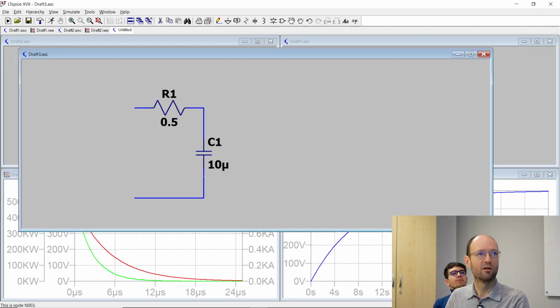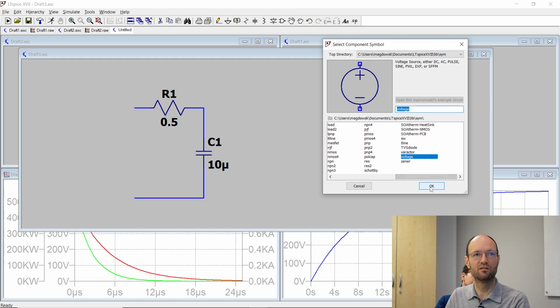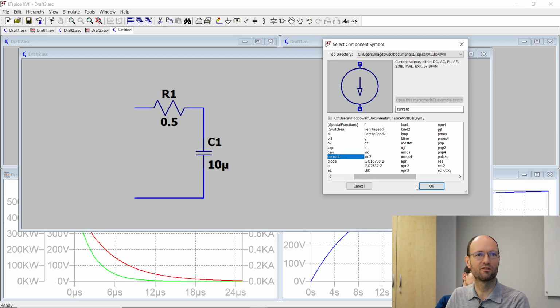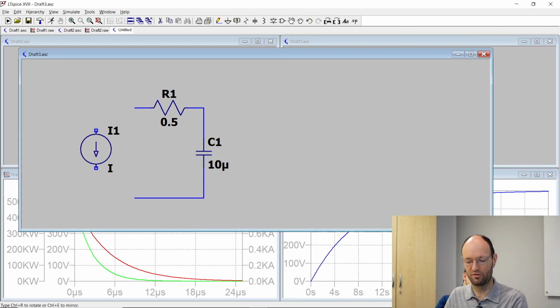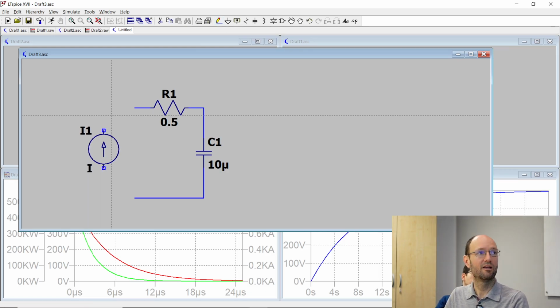Okay, so what we can do here is, because we cannot really measure directly impedance, but we can use current, or we can also measure impedance. But I think with the current source it's somehow nicer. So we use a current source to feed a current into the circuit and connect this, of course.